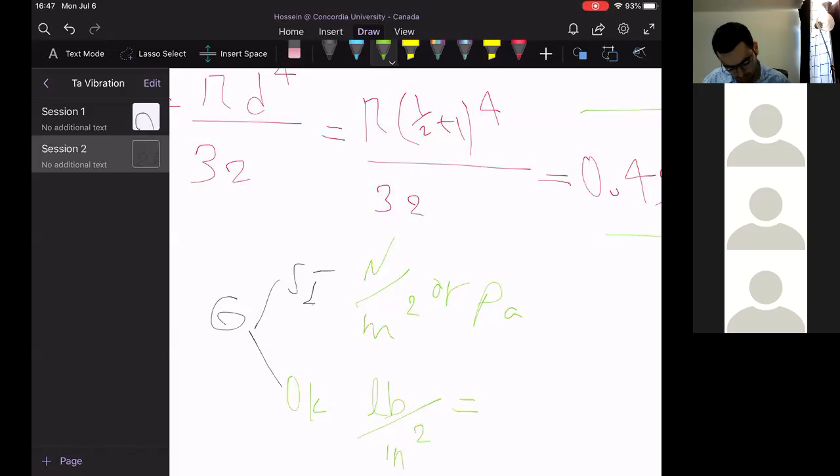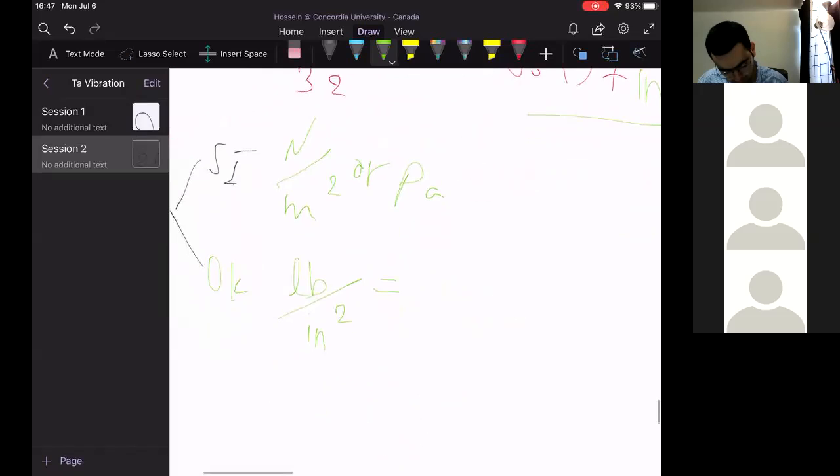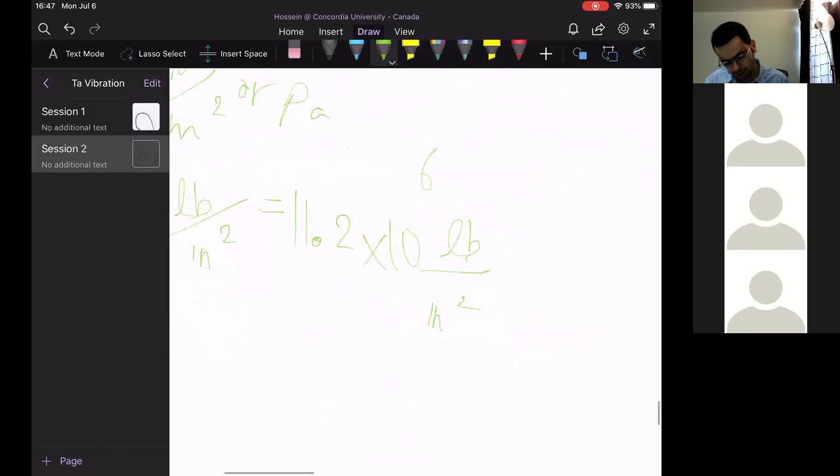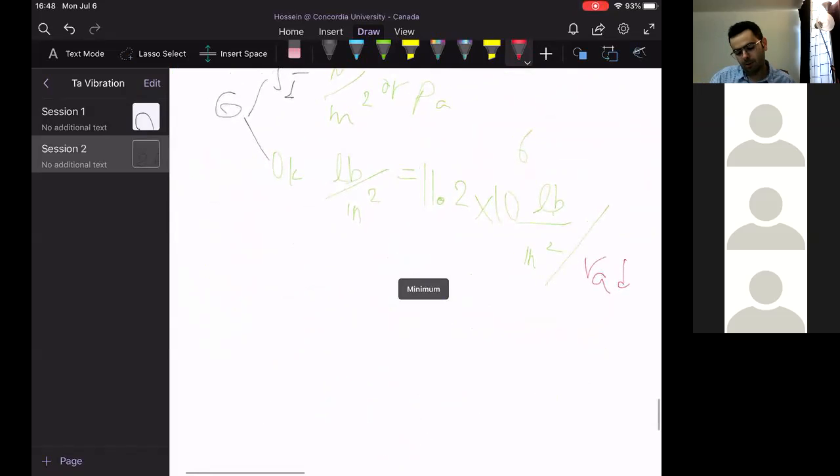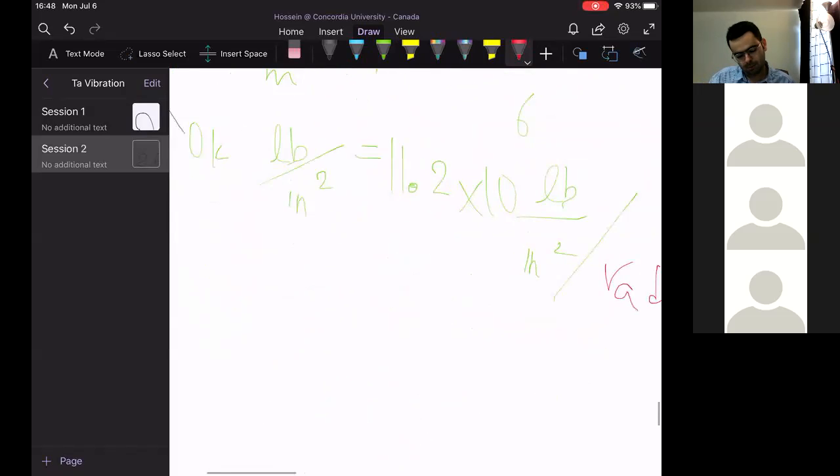So here G, shear modulus of the shaft, is 11.2 multiplied by 10 to the power 6 pound per inch squared, right? For each radian, you need to apply this pressure. For rotating each radian, you need to apply this force for any inch square of the shaft.